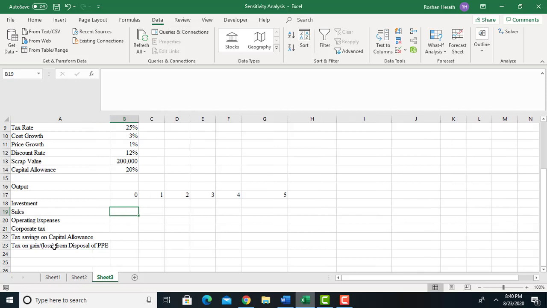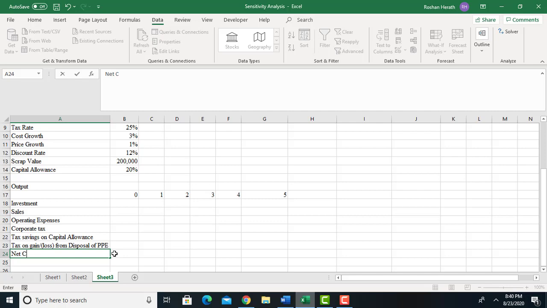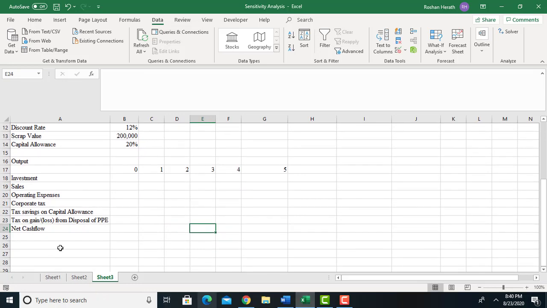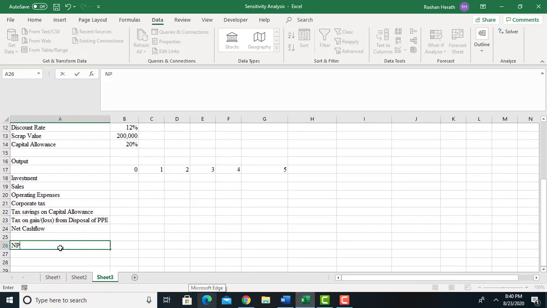There can be something like that, and thereafter you can take the net cash flow. Net cash flow can be taken, so consequently NPV can be worked out.